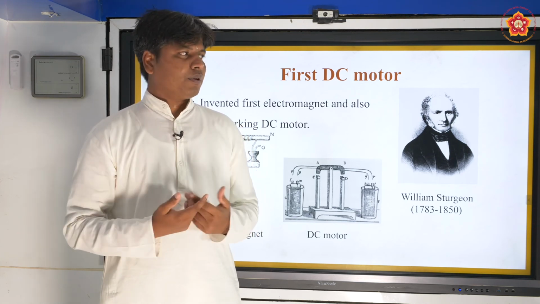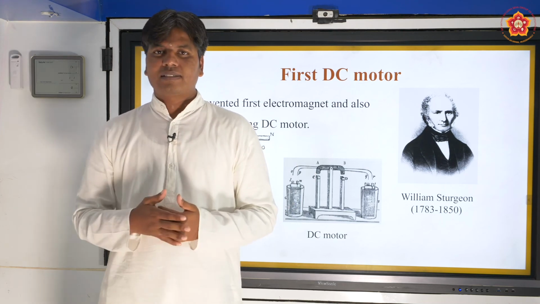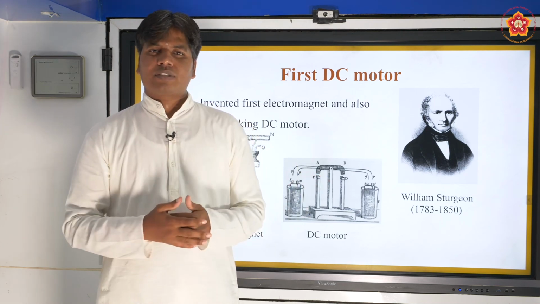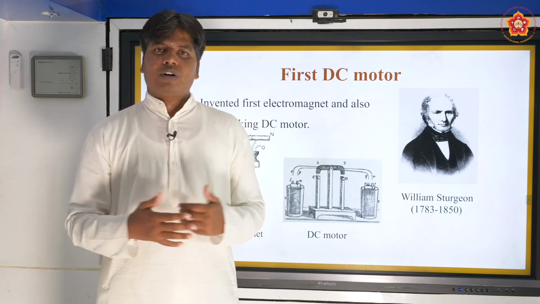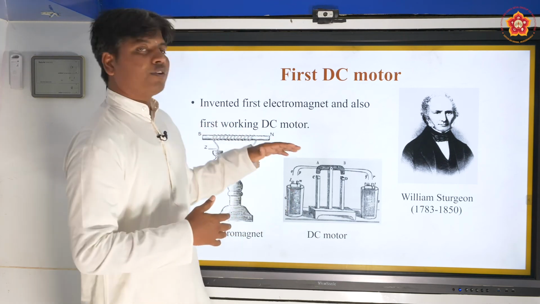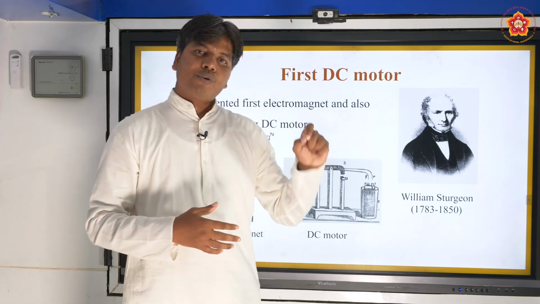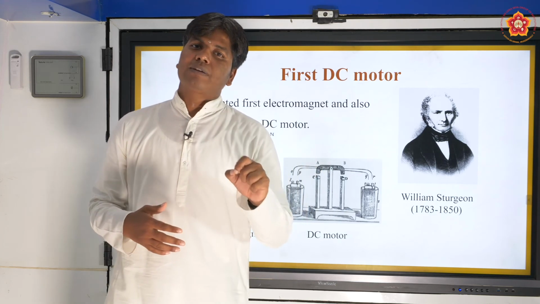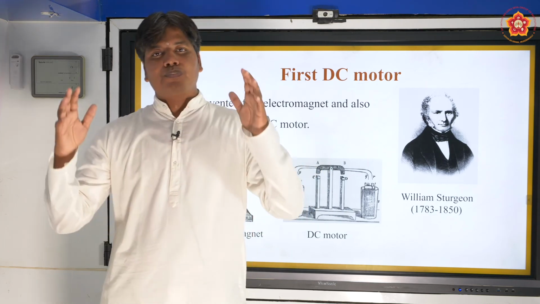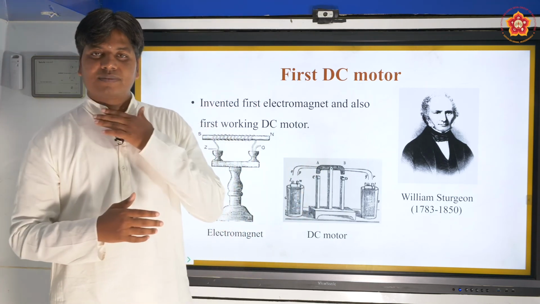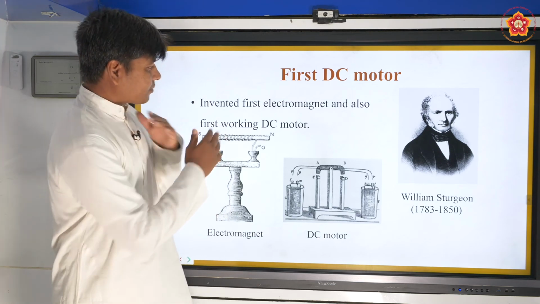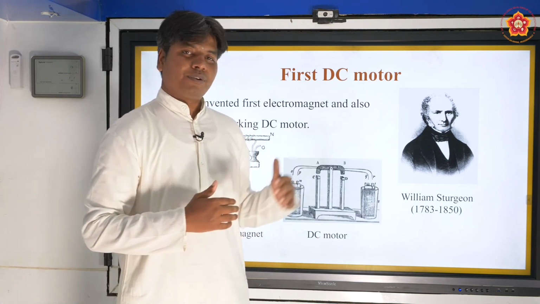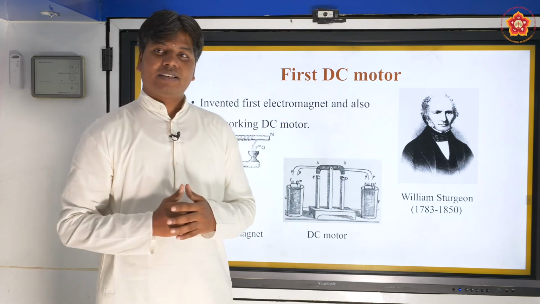Now also around us we use fans and tape recorders, motor vehicles, whatnot. This is all because of this phenomenon, that force is experienced by a current carrying conductor when it is put under a magnetic field. How beautiful this phenomenon is.